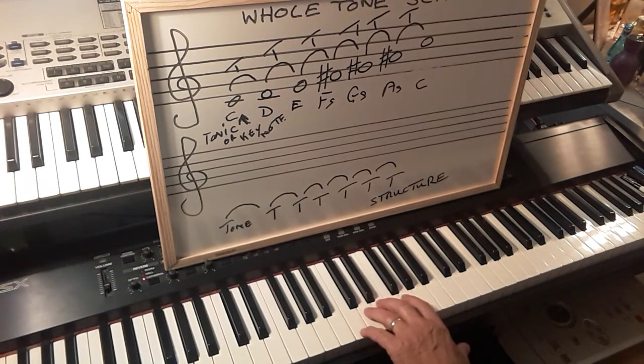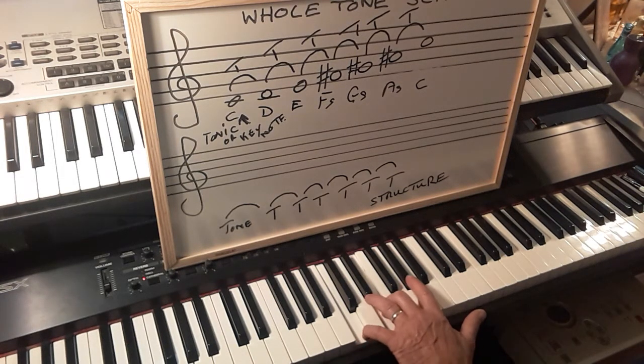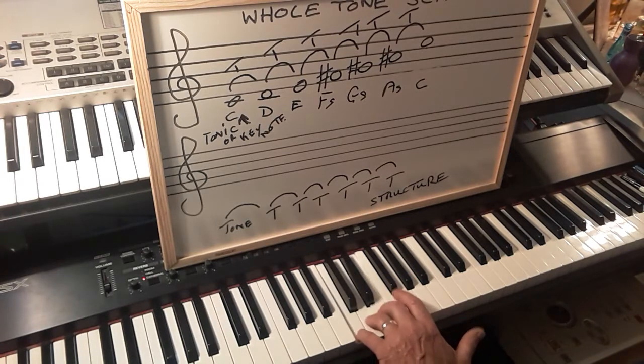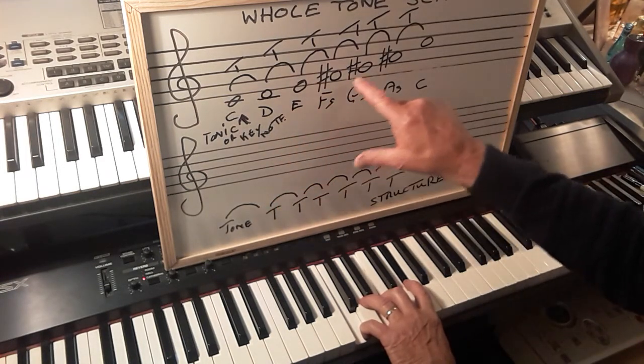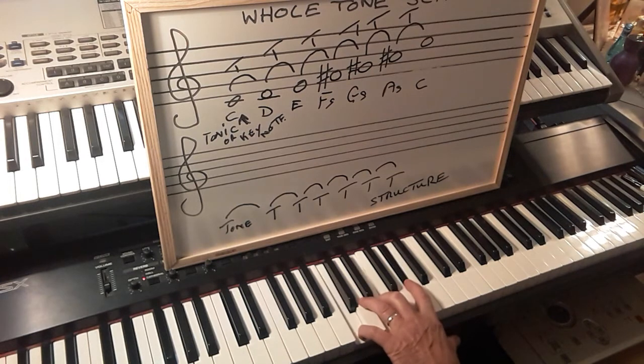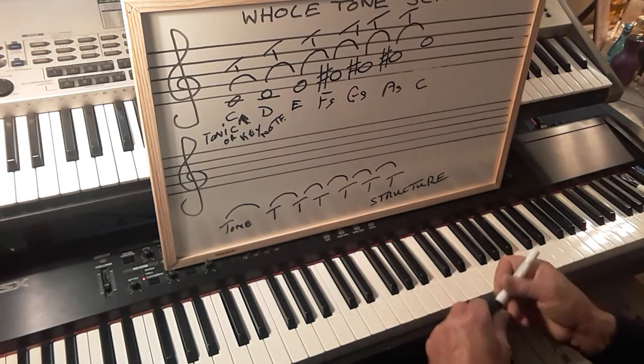It's the first, the one, two, the third, and it's the fifth, and that is C augmented, C, E, G sharp, C augmented, and I'll write that down here for you.